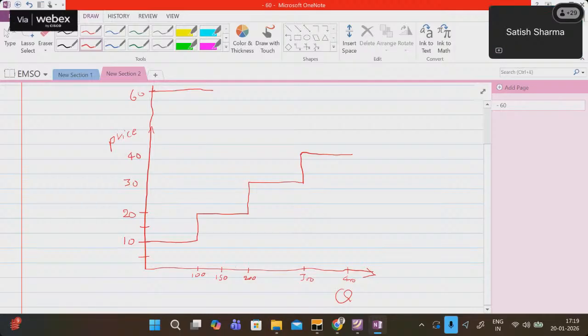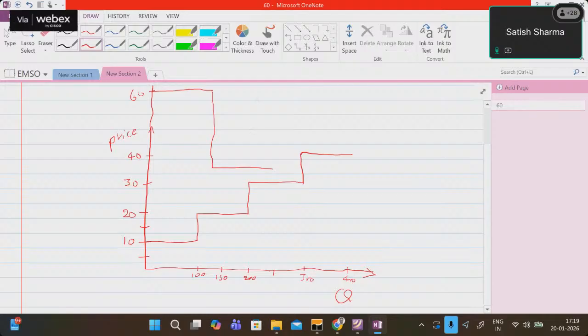So 35 will be roughly around 10, 20, this is 30, this is 40. So this is 35. So I have to come down up to here, and the quantity was 100 megawatt. So 150 and 100 will be 250. So we came to 250.